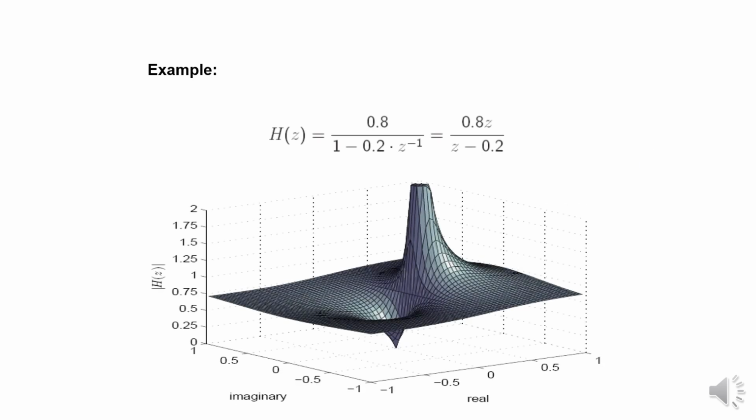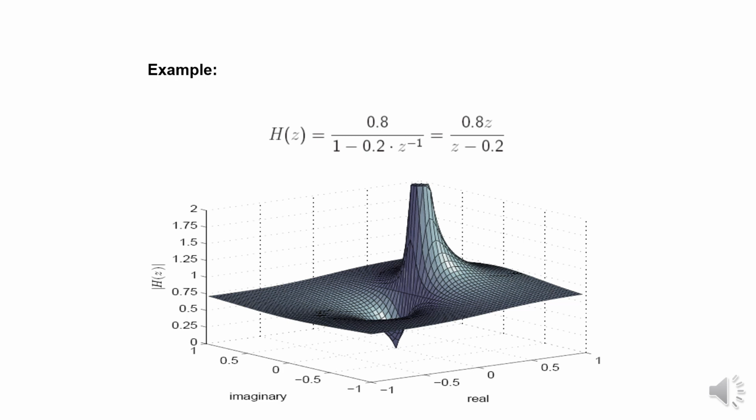Here, this is just my representation. What I have done is represent the magnitude of H(z) in a 3D form. You can see the real and imaginary axes. Let's say the real axis is like the x-axis, the imaginary axis is like the y-axis, and H(z) is the perpendicular z-axis.